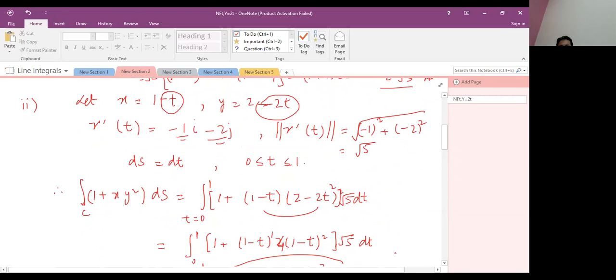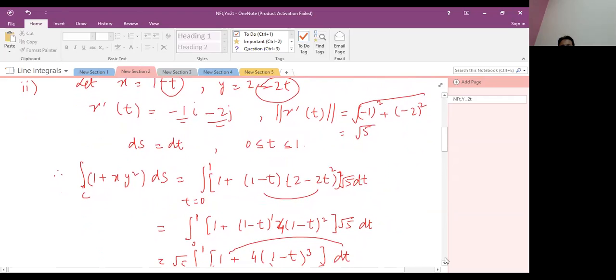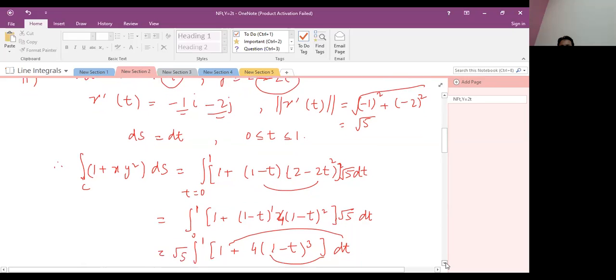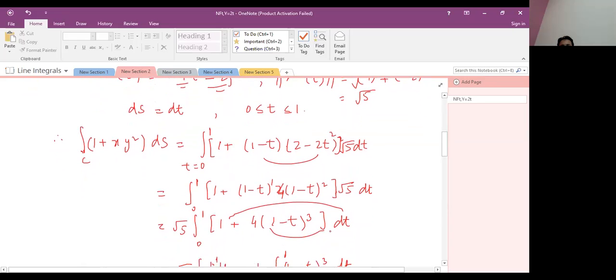Both are similar. Then we add the powers. When the bases are the same, the powers are added. So 1 plus 4 times 1 minus t whole cube into dt. In the next step, student, we will separate them and integrate.